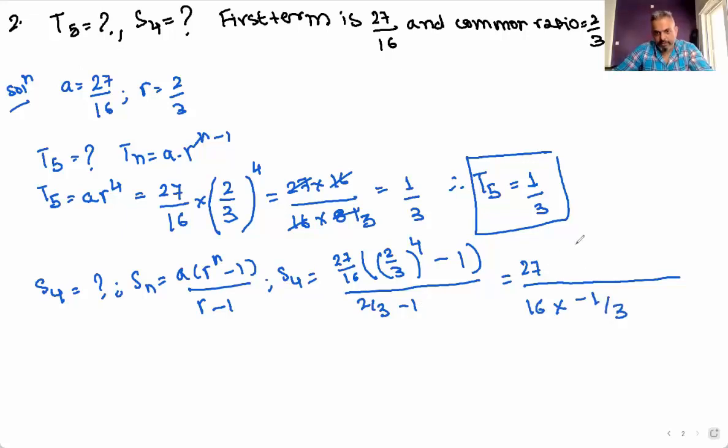And here in the bracket 2 raised to 4 is 16 upon 3 raised to 4 is 81 minus 1, which is equal to 27 into 16 minus 81.